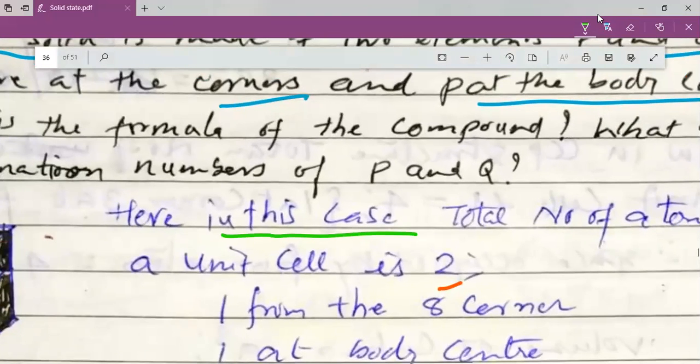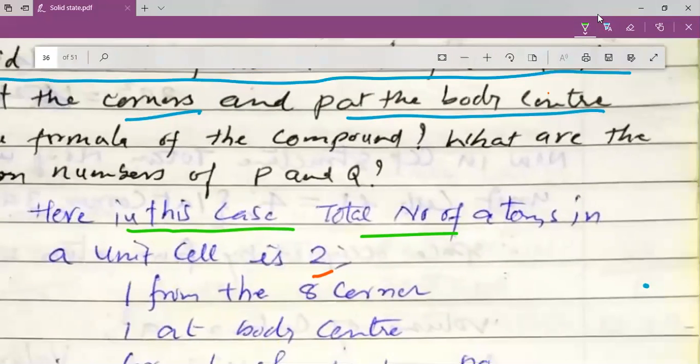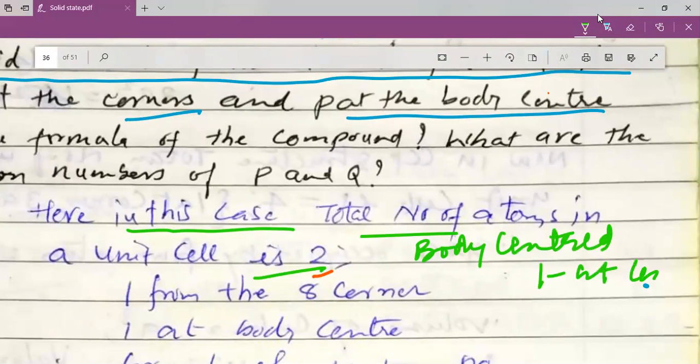Here in this case, total number of atoms in a unit cell is 2 because it is a body-centered unit cell. So 1 at the center and 8 into 1 by 8 at 8 corners, which is equal to 1.